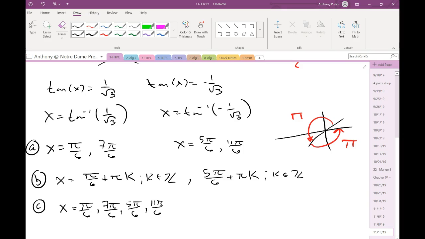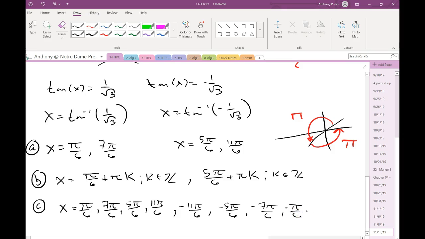So all I'll do is subtract 2 pi from each of these. And that's another set of answers. I just got that by subtracting 2 pi from the previous 4 answers.